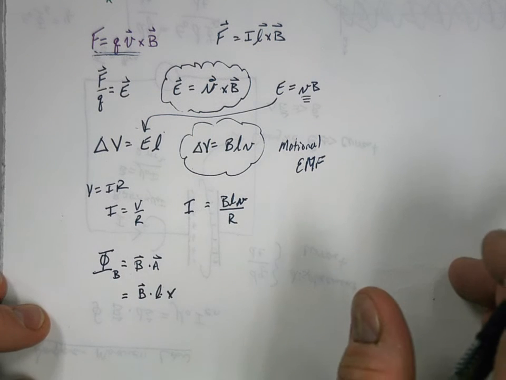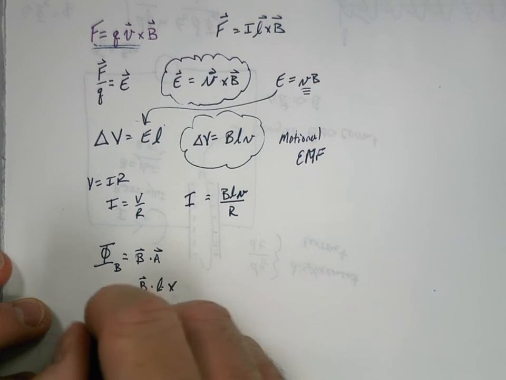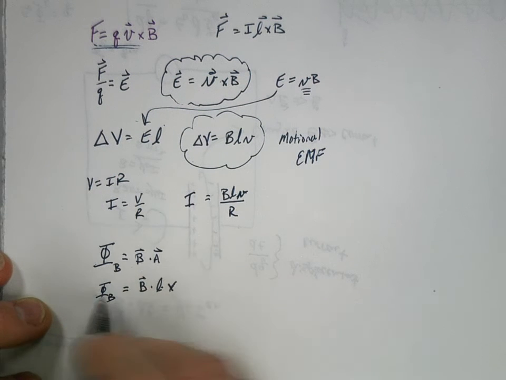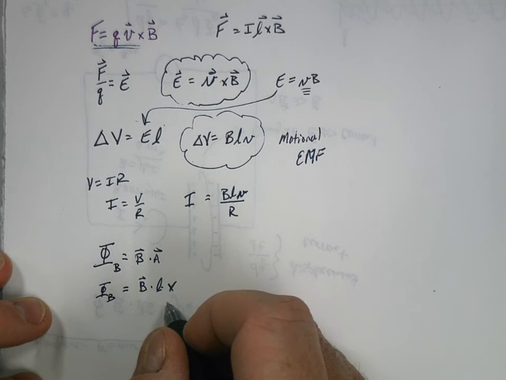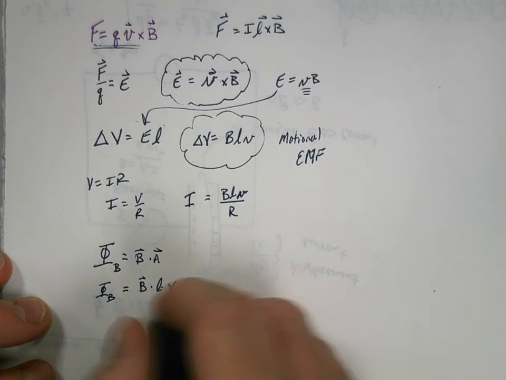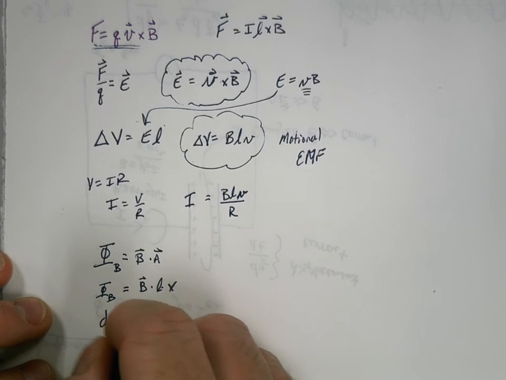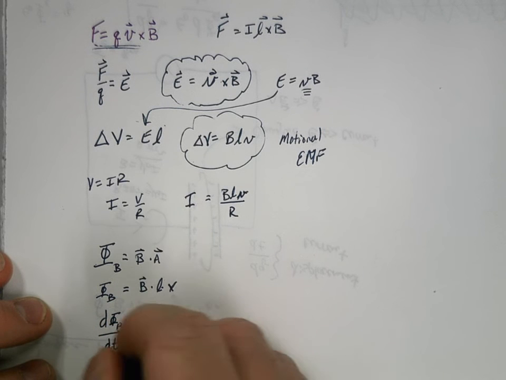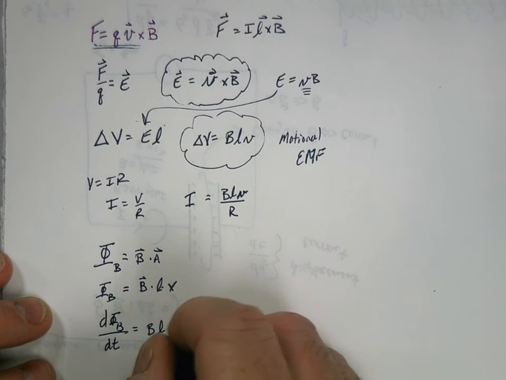Guys, our flux equals B times L times x. Yeah? Okay, but if we were to take the derivative of this, we get that, yeah?